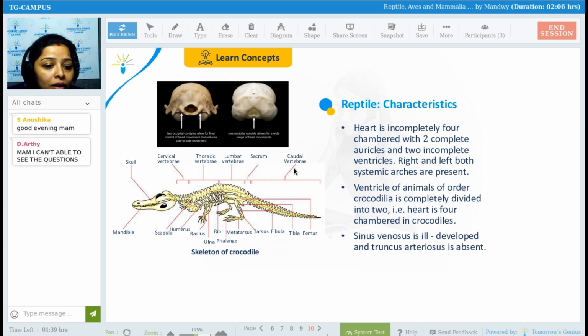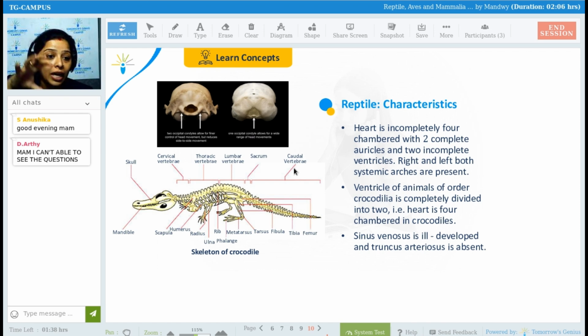In the previous classes we have seen some are monocondylic, some are dicondylic. At the base of the skull, there is a structure through which the vertebral column is attached, the socket, the single hole.